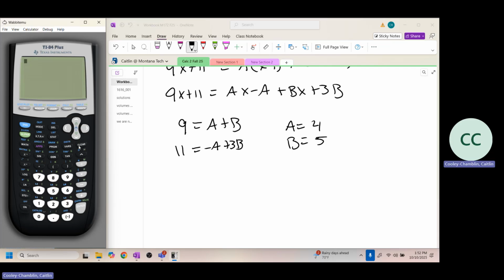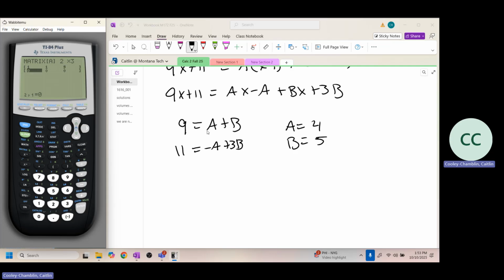Your calculator can do systems of equations. So I'll show you really quickly. If you get your system set up, I have to remember how to do this. Sorry, give me a second. So second, and then x to the negative 1 gives you matrix. We're going to edit our matrix. This is going to be a 2 by 3. And so we are going to have 1, 1, 9.